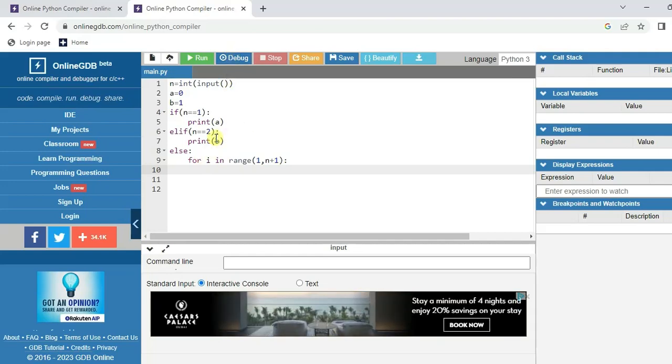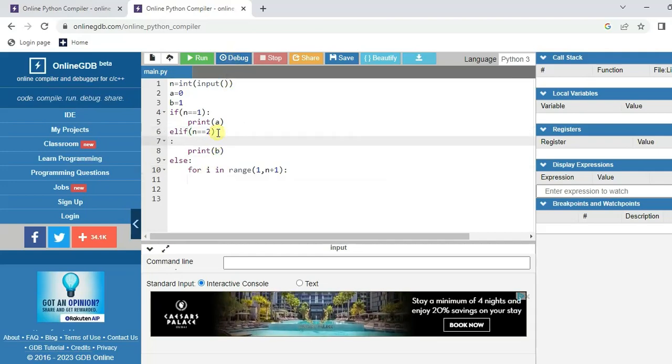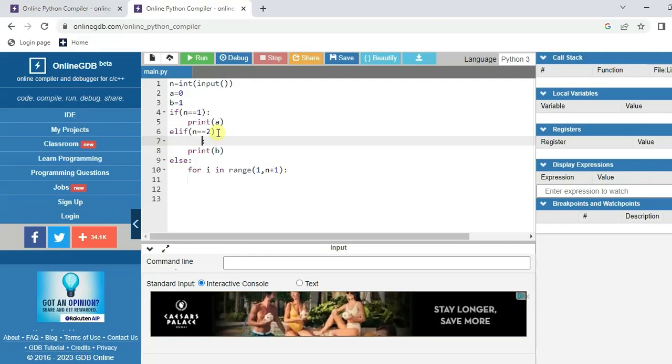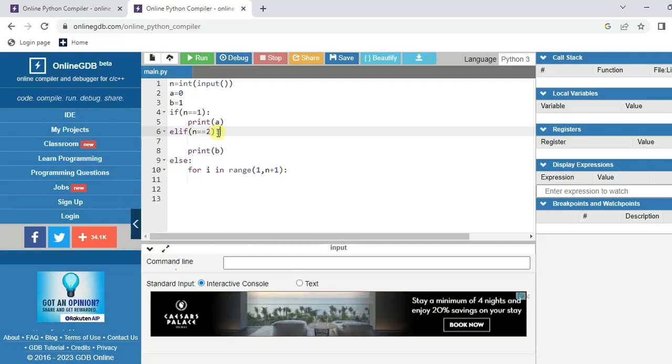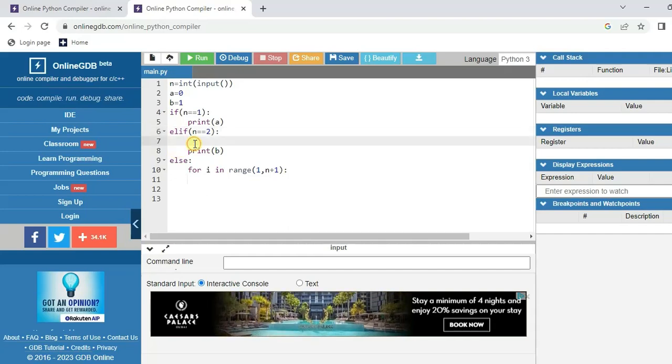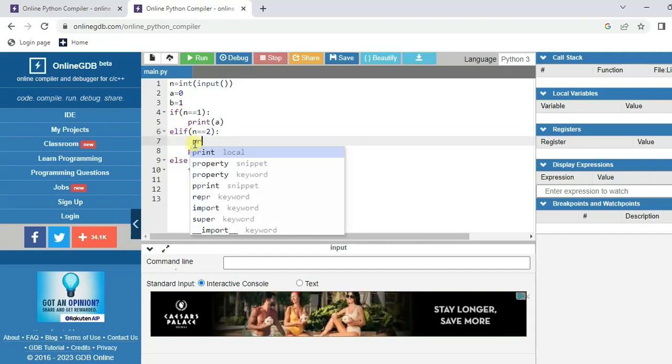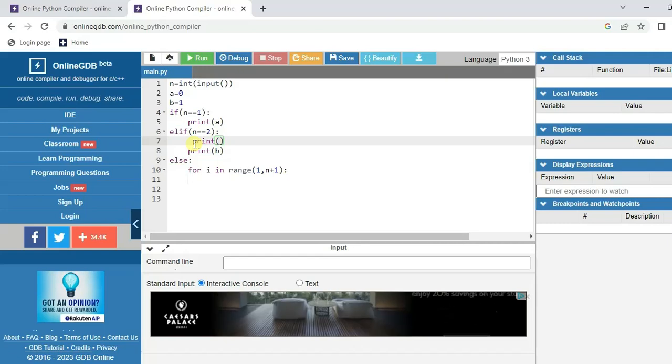If n is equal to 2, we need to print both A and B. Yes, right, it is not nth Fibonacci. Need to print both A and B.